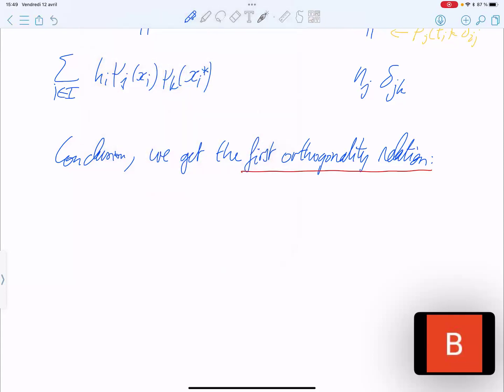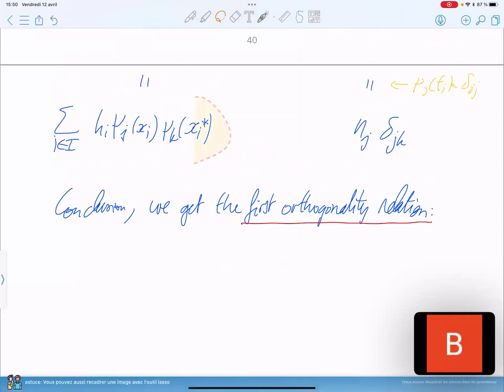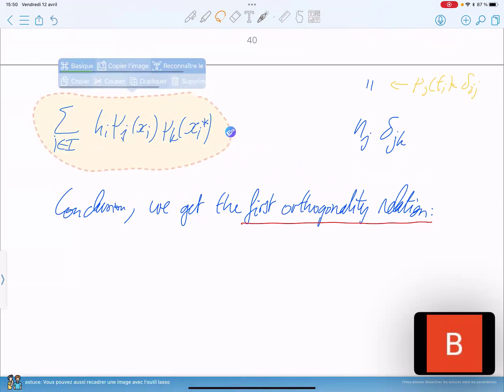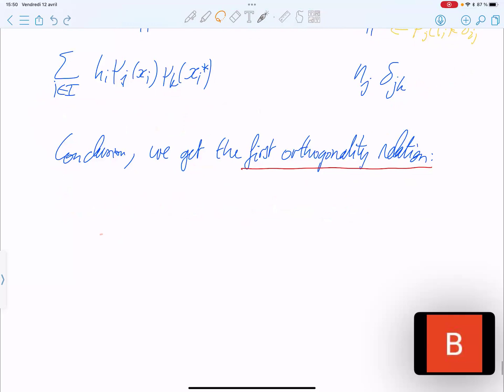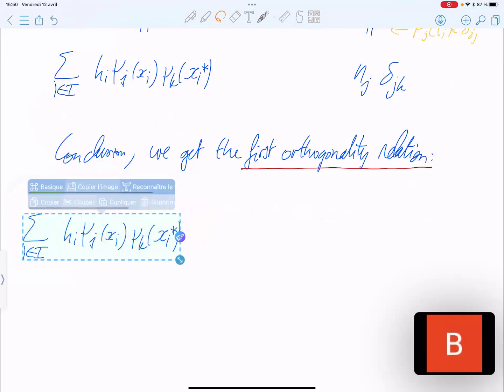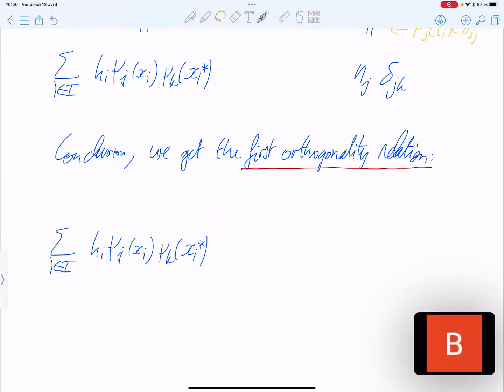So the sum, this one, equals n_j delta_jk.